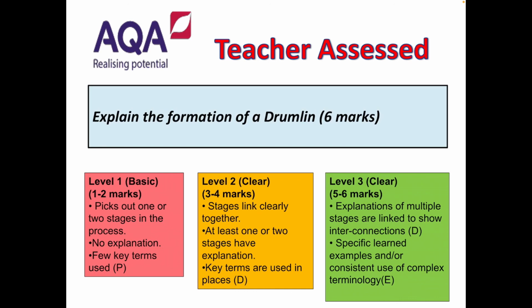So for this one, you would need to show all of the different stages and perhaps show the connections between each stage using consistent terminology, so things like stoss end and lee slope. And perhaps you might even want to link it to examples such as the basket of eggs in Cumbria.